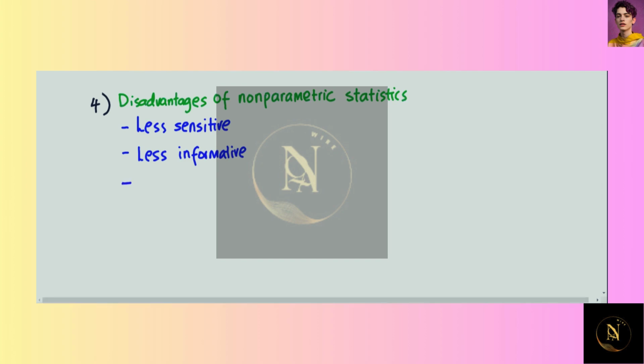And that non-parametric tests are less efficient when the assumptions of the parametric methods are met. So we have less efficiency. And we can give an example that larger sample sizes are needed to overcome the loss of information when we're using non-parametric tests.